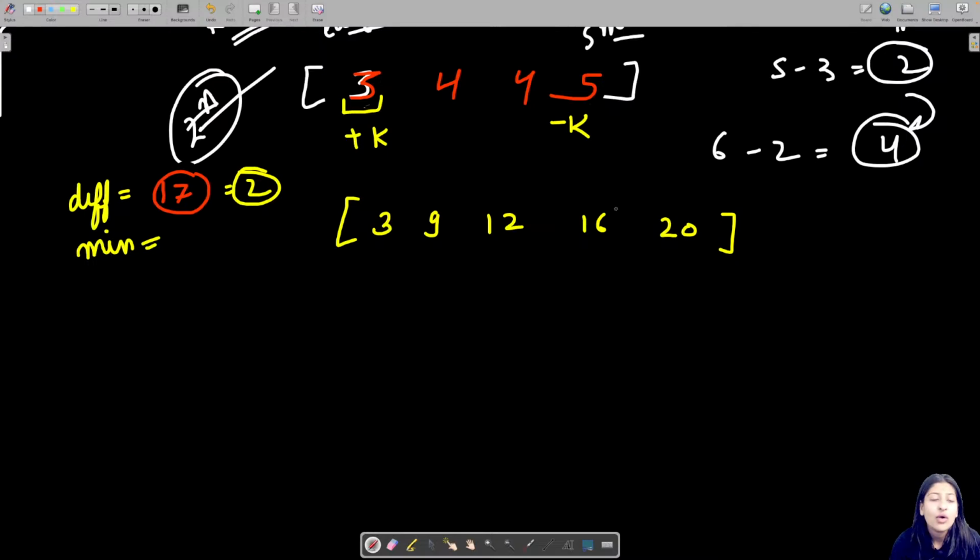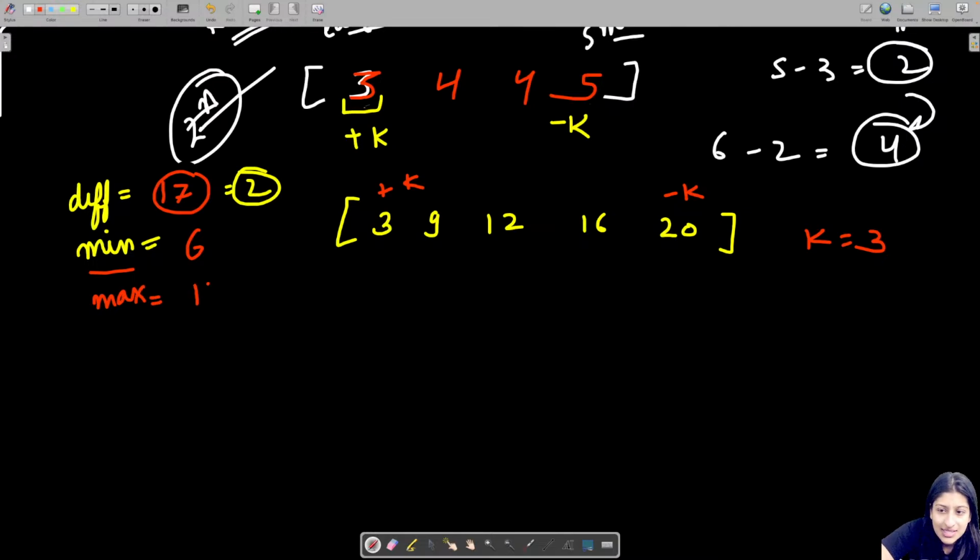Correct? Okay. Now what I'm telling you is that you initialize your min value to ARR of 0 plus k units. Why? And your maximum will be the last value minus k units. Why I'm saying so, you'll understand in a while. The k for this test case is 3. If I increase this value, my minimum becomes 6 and my maximum becomes 20 minus 3, 17. Correct?